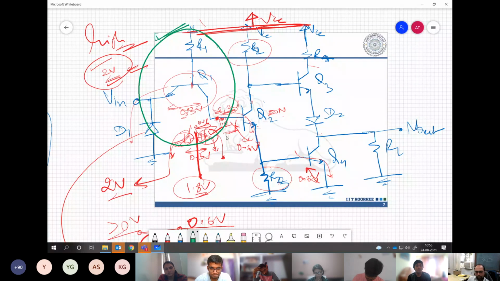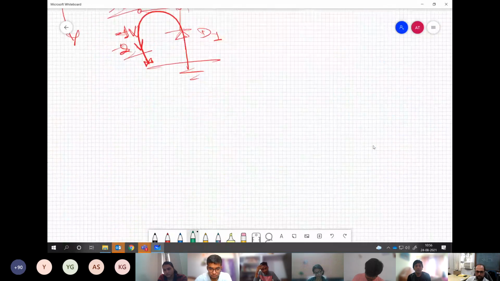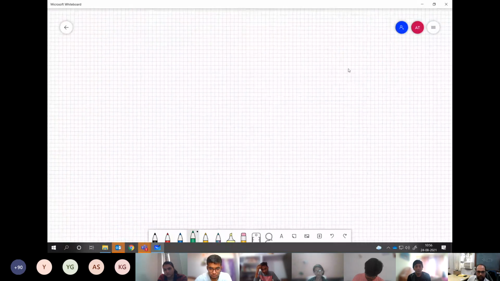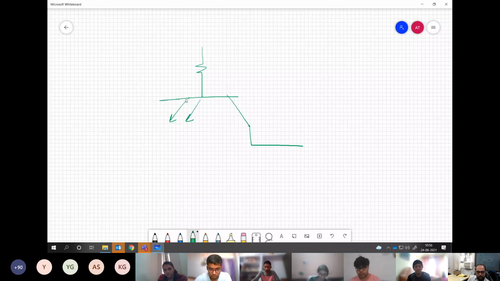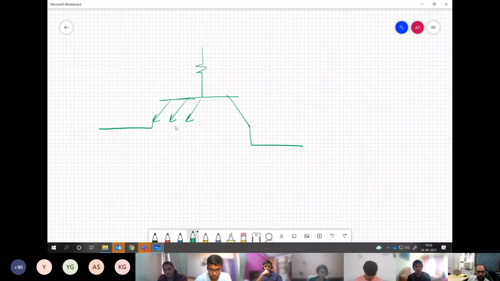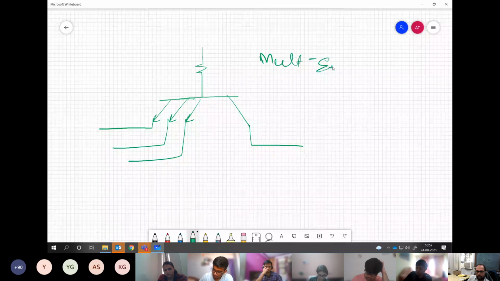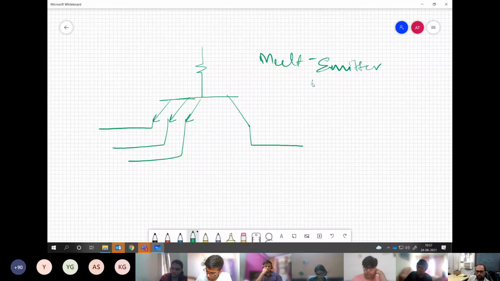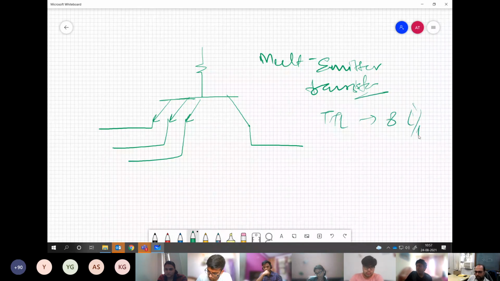Not just one input, but you can have up to 8 inputs. So this transistor that I have drawn at the input end is a really special transistor. It can have multiple emitters, all having one input. So this is called a multi-emitter transistor. For the TTL technology, they have gone up to 8 inputs.